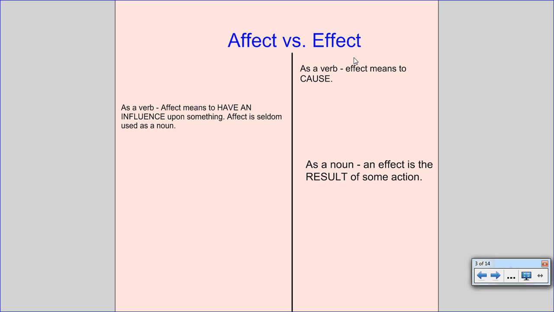The word effect can be used as both a verb and a noun. As a verb, it means to cause something. As a noun, it means the result of some action. So if it affects something, it's the cause. If it's used as a noun, it's the effect.